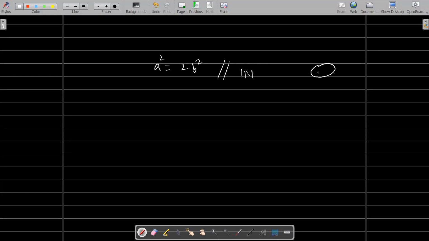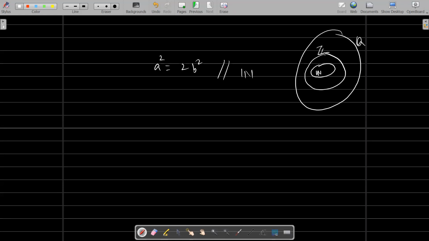The set of naturals is a small set contained in the set of integers, and the set of integers is contained in the set of rationals. Q is a much larger set, and from the bigger set we have come to the smaller set so that the calculations will be easier. That's the idea. So a square is 2b square. Clear?